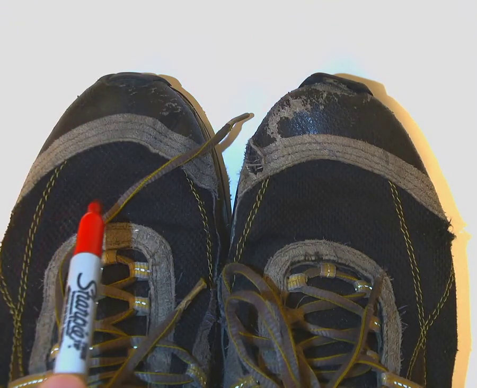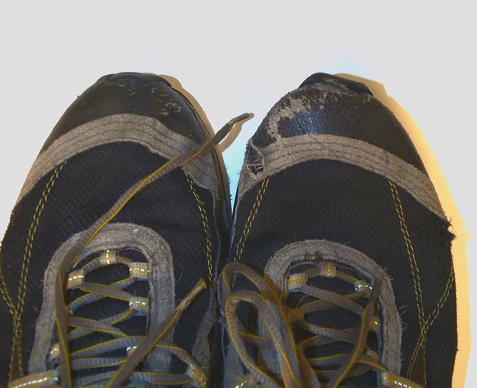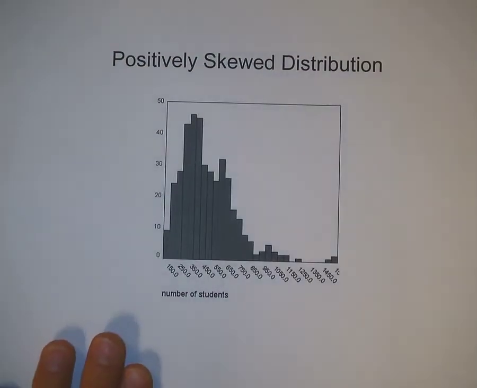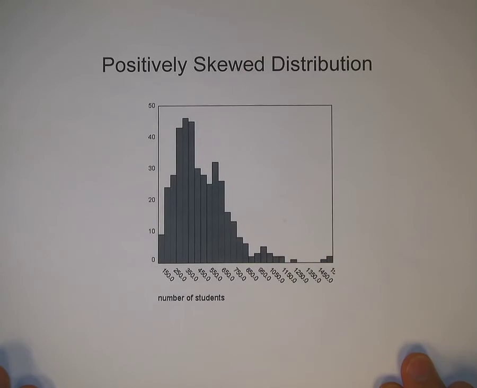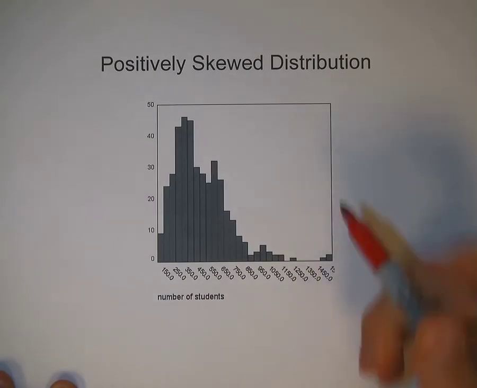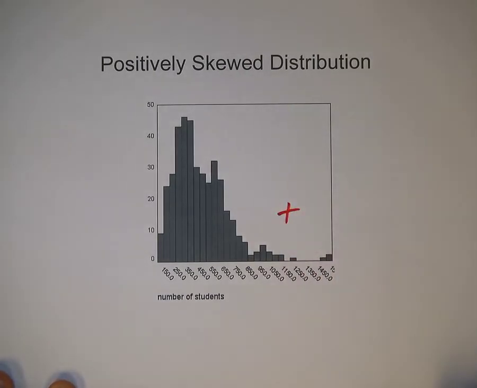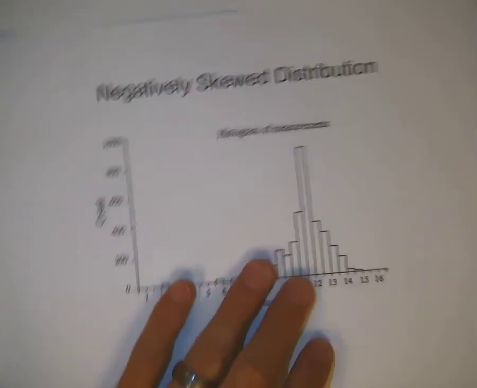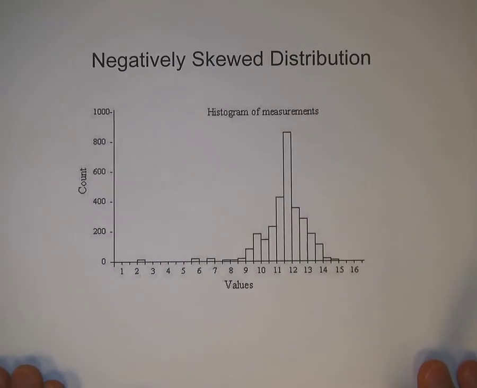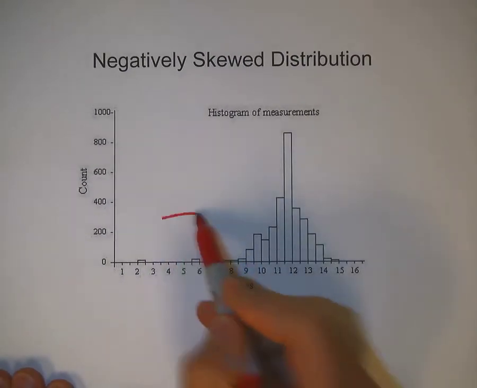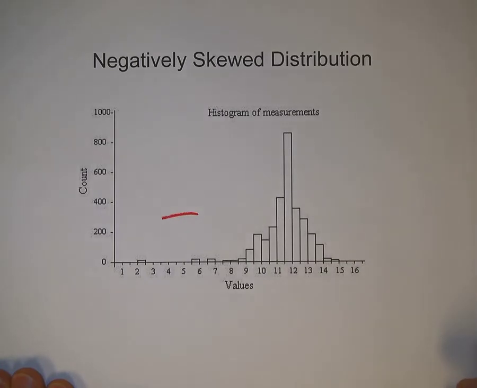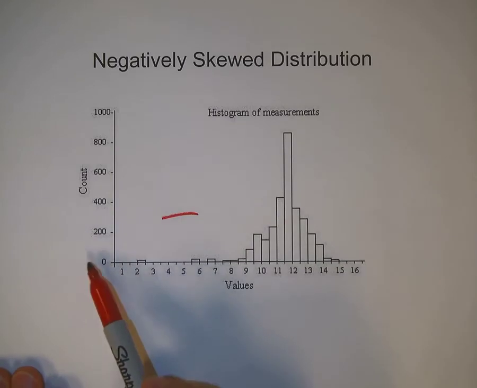So your left foot has a left skew. So just a fun way to remember that. This is typically what you'd see on a positively skewed distribution. Your tail is toward the positive values. Cluster is toward the more negative values. A negatively skewed distribution or a left skew has a big cluster to the right and tails off to the left.